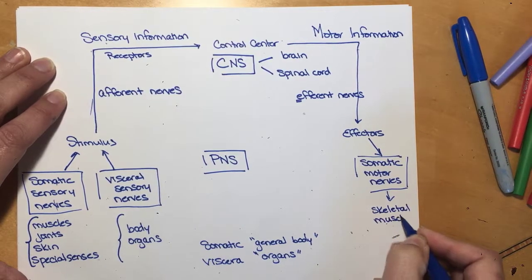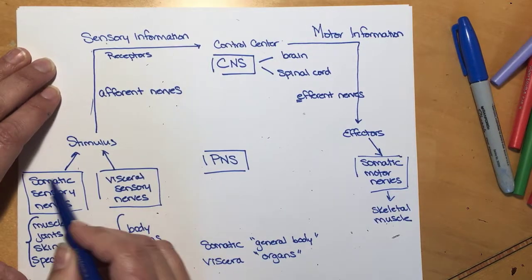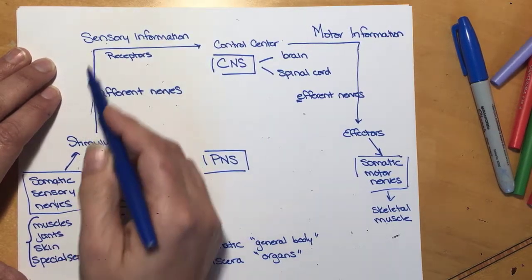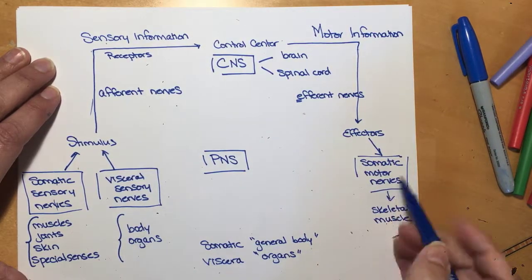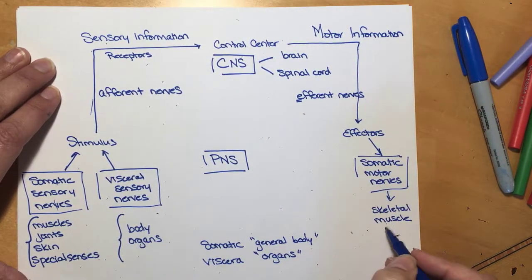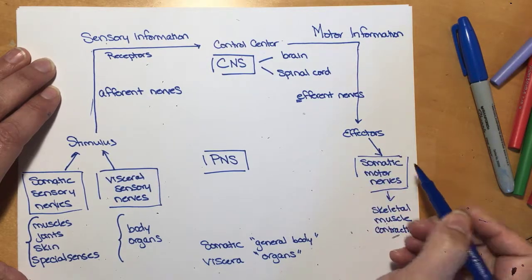And remember the example I gave at the beginning was maybe you're too cold. That would be brought in on your somatic sensory nerves into the control center. It's going to send out motor information to the somatic motor nerves to cause skeletal muscle contraction. So that's one way, one option, one type of effector that we have.